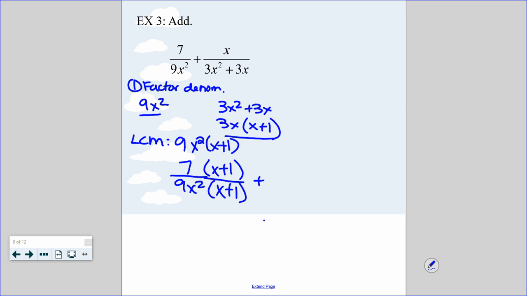Okay, so now over here I have x and then 3, I'm going to use the factored denominator. The 3x, x plus 1. So that's what I have right now. In order to make that 9x squared, x plus 1, okay, I've already got the x plus 1 taken care of. Do I have the x squared?